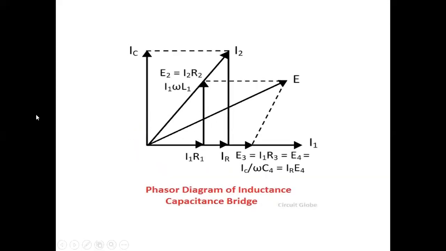This is the phasor diagram of the Maxwell inductance capacitance bridge. We take the reference I1.